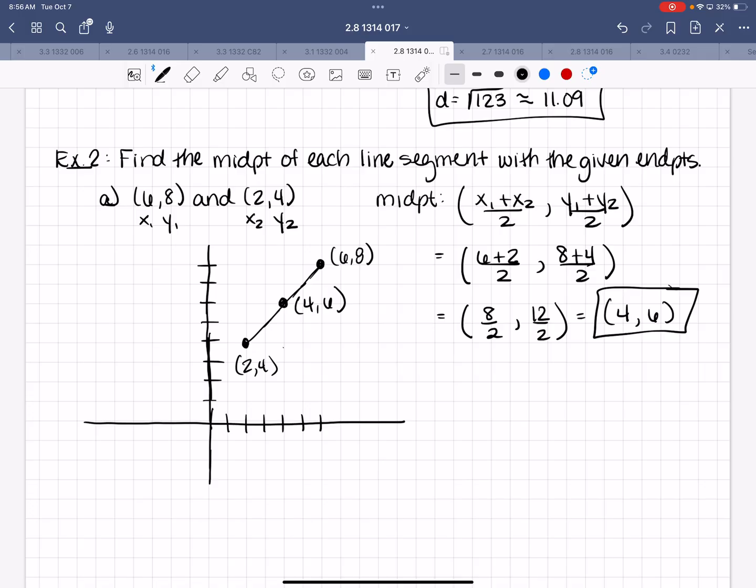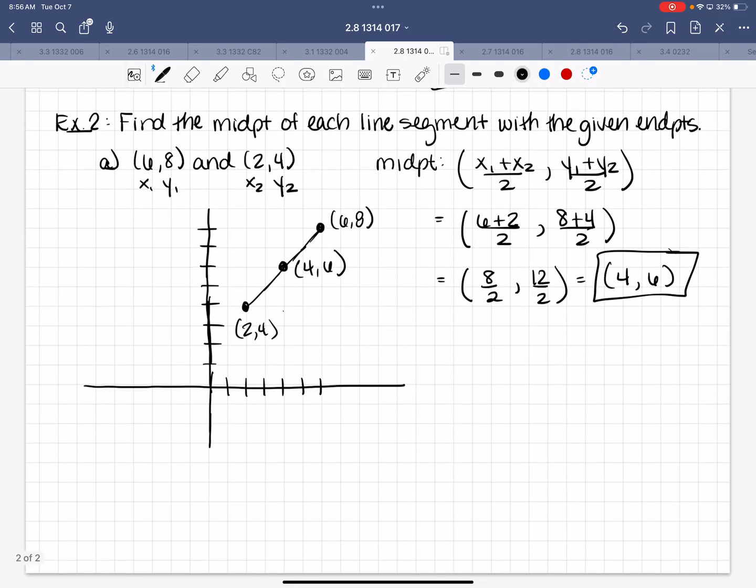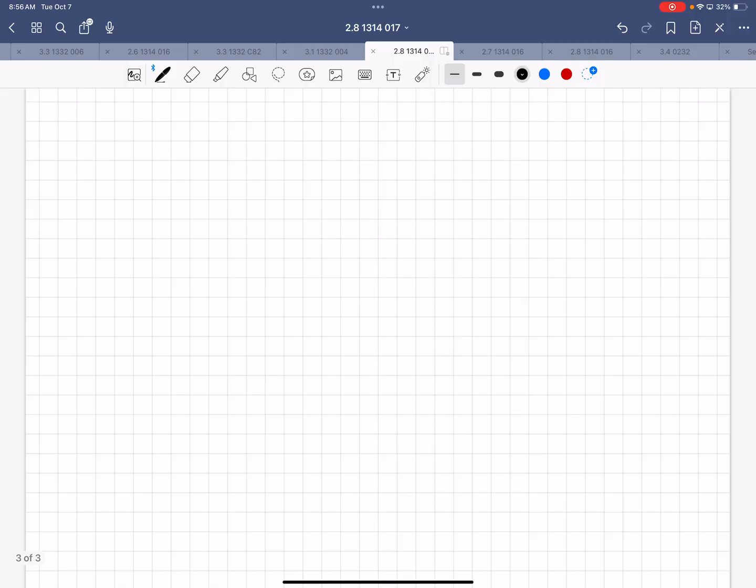That is A. Now B, same directions. We're going to find the midpoint of the line segment. This time, they give us some fractions, (-2/5, 7/15) and (-2/5, -4/15).